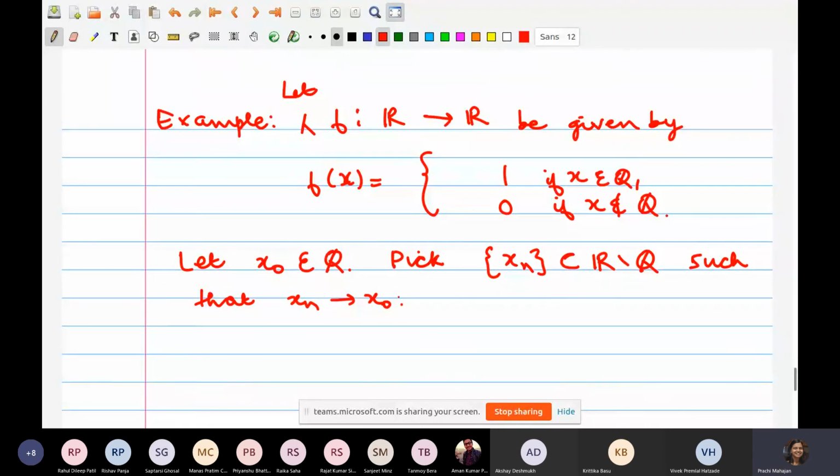So given a rational number x naught, can I always find a sequence of points in the set R minus Q, which we have not introduced in this course, is the set of irrational numbers? Perhaps you're already familiar with it. So can I always find a sequence of irrational numbers converging to x naught? Why is this the case? Somebody would help me on this, clarify this.